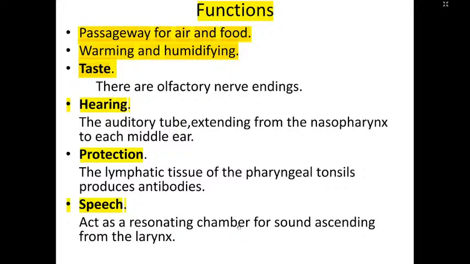Okay, so what are the functions? It helps in hearing, protection, speech, and definitely passage of air and passage of food.